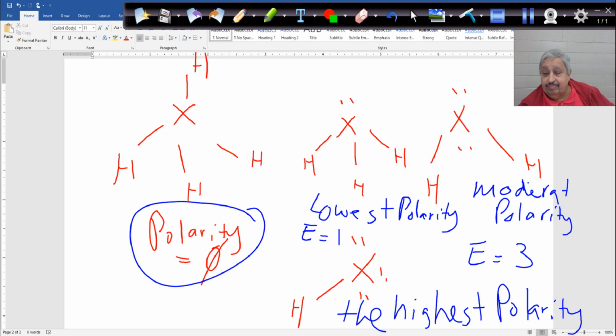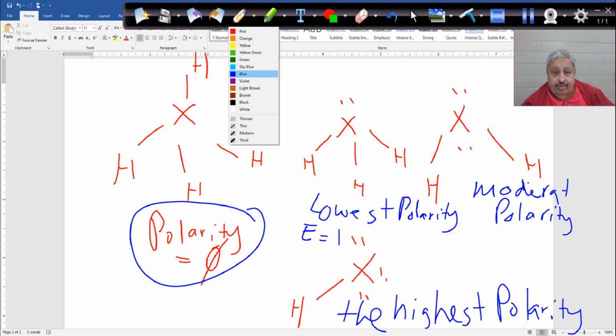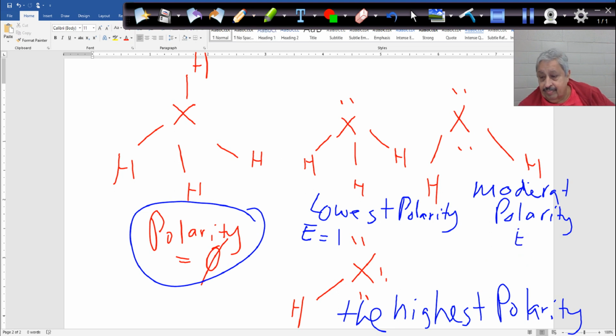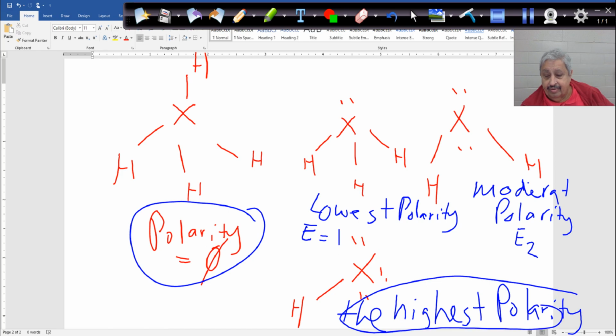And then, we have to take this E2, and this here has the highest polarity, and E is 3. So you get the idea now?